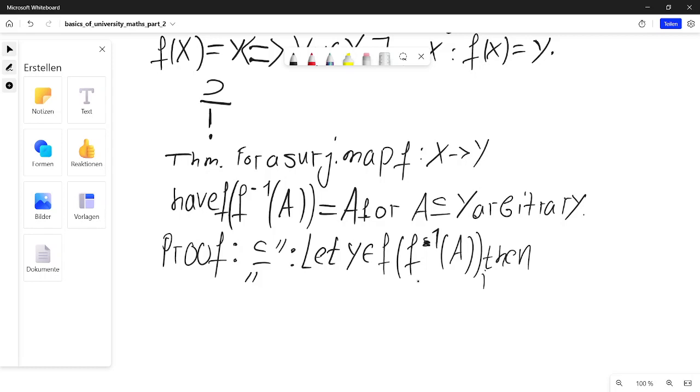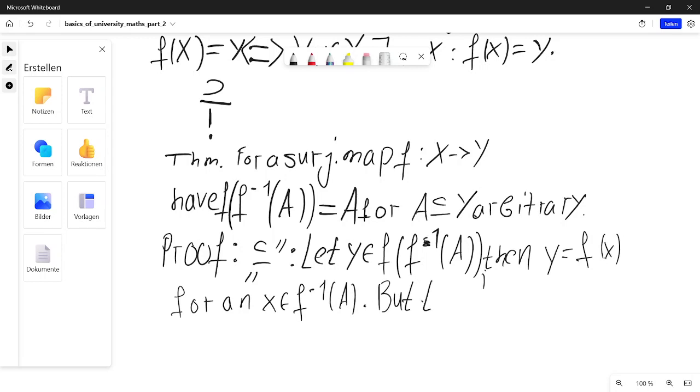Well, what does it mean? It means y is equal to f of x for x in f minus 1 of A. But then, just because this x is an element of f minus 1 of A, we have that f of x is an element of A, right?